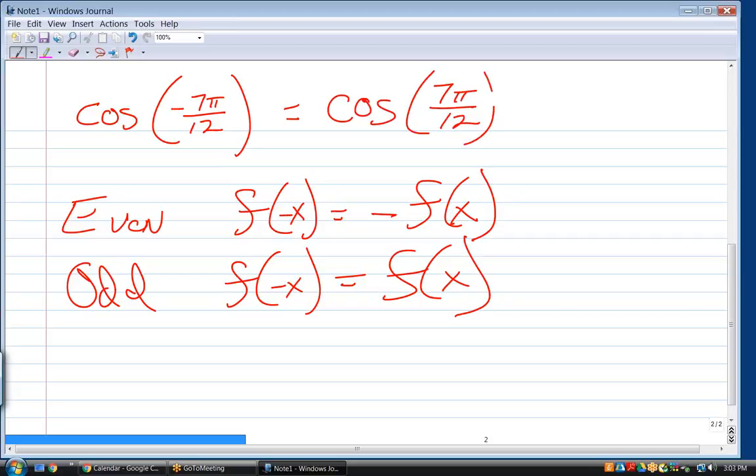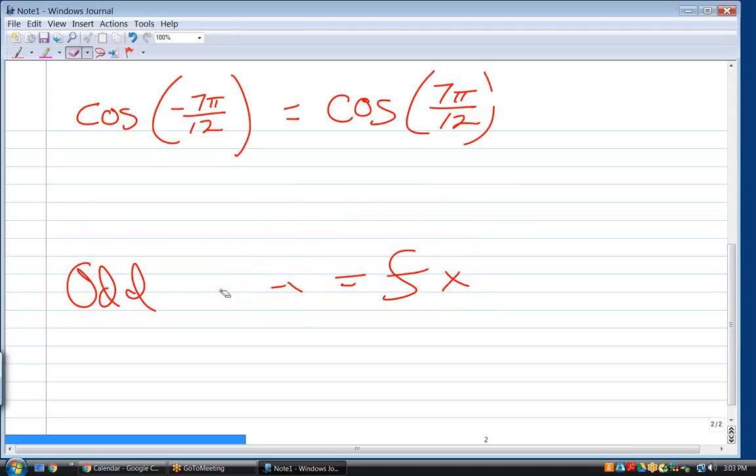Okay? So that's the first step. Let's turn it into something that's all positive. Now, 7/12 is one of those numbers that you may not recognize, but it's what 1/4 plus 1/3 is.